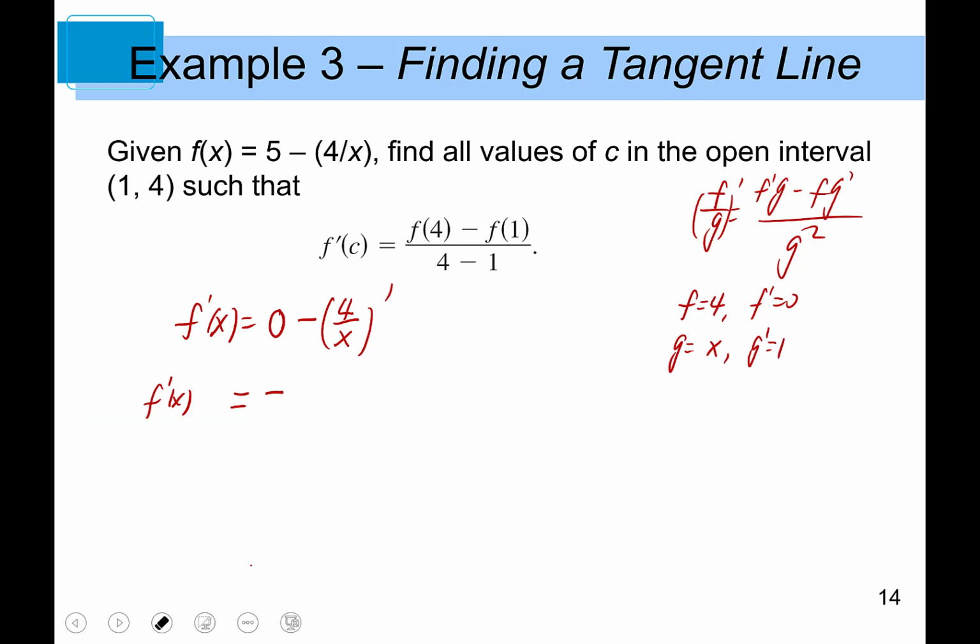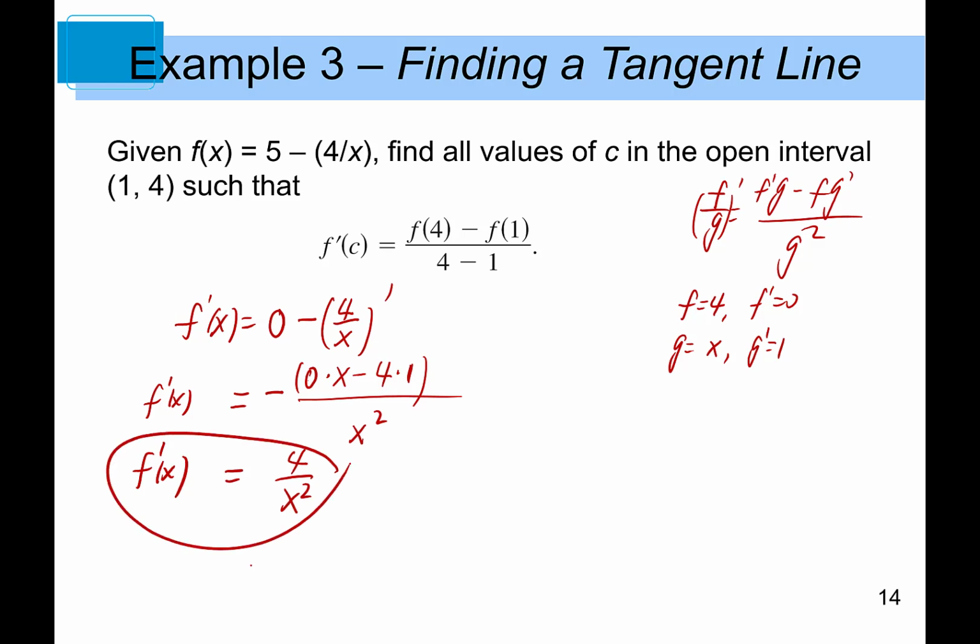I'm just applying the quotient rule: f prime, which is 0, times g, which is x, minus f, which is 4, times g prime, which is 1, over g squared, which is x squared. So now, as you can see, f prime of x becomes, this is 0, negative 4 becomes 4 over x squared. Okay, so that's our derivative.